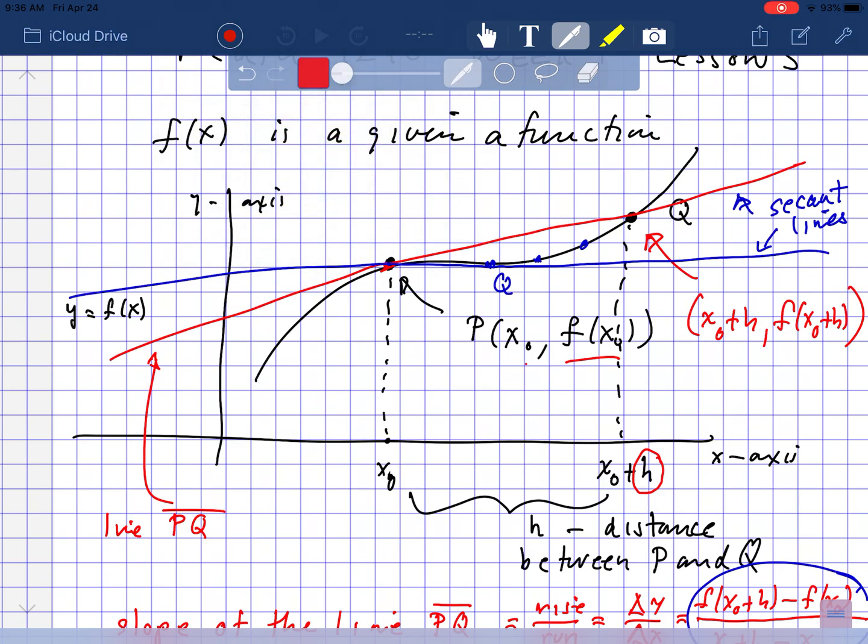It's going to look like this. It's going to be a line that kind of looks like that.